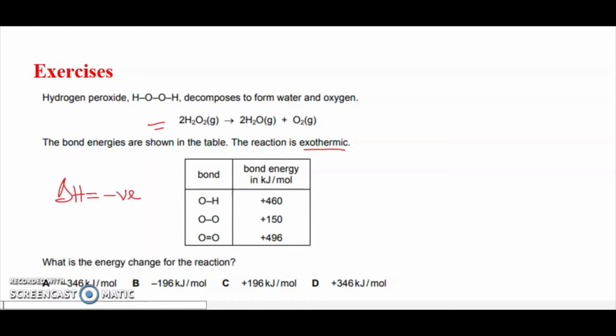Now, remember what we always do. We have to start by calculating bond breaking. And remember, bonds are broken in reactants. Now, to better understand this, let us draw the spread out structure of the molecules we have here. So we have hydrogen peroxide.